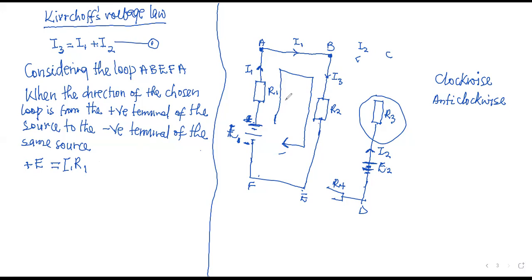This is because the direction of the current follows the direction of the chosen loop. So plus I3 times R2. And this is equation 2.